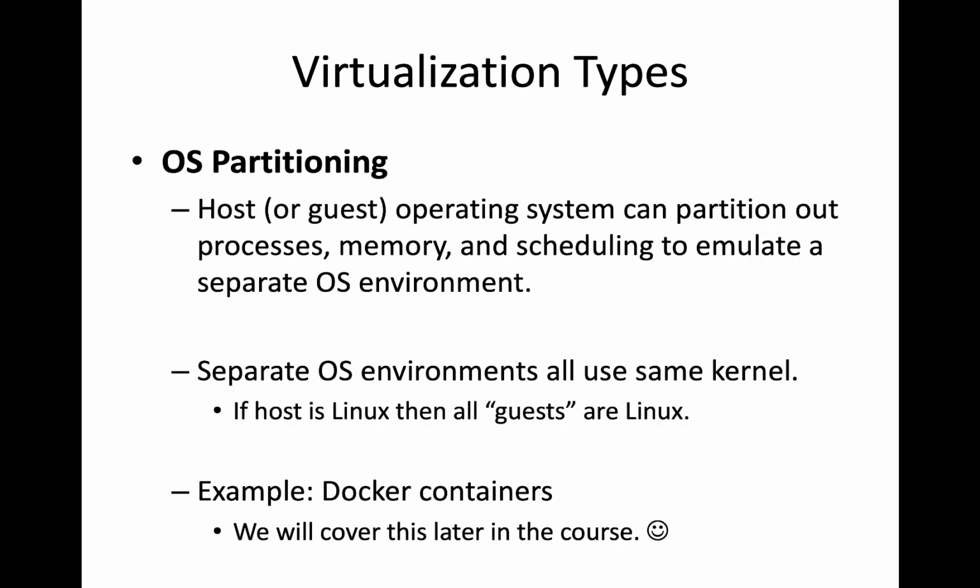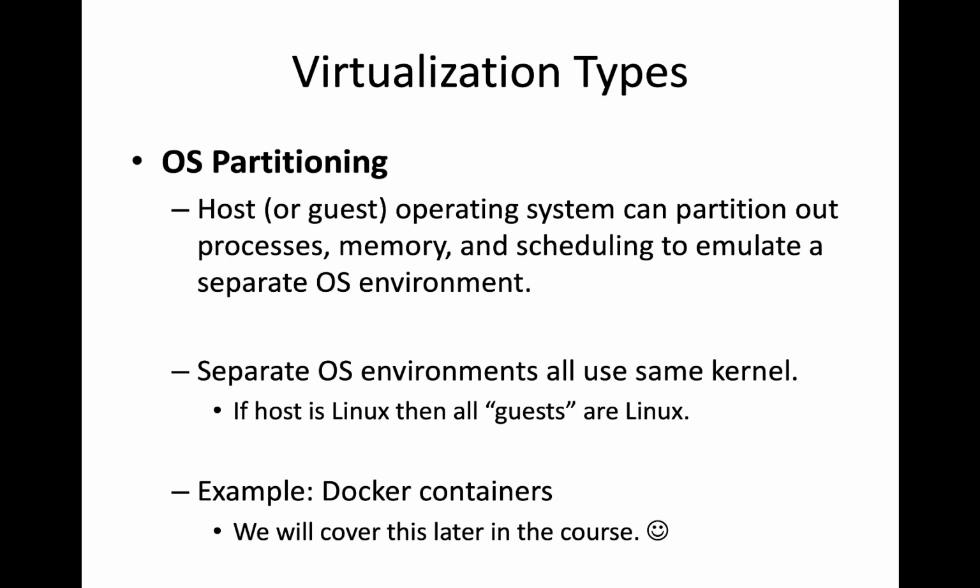Okay, so a third type of virtualization that we'll look at in this course is something called OS partitioning. And we'll actually spend quite a bit of time looking at OS partitioning later on in the course.